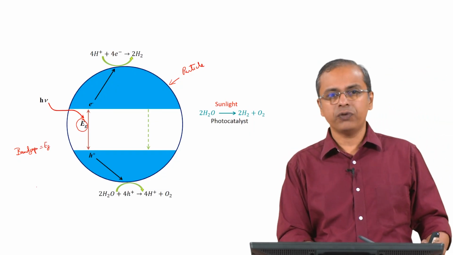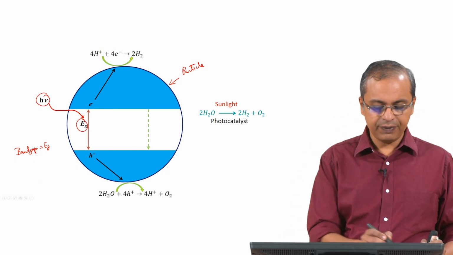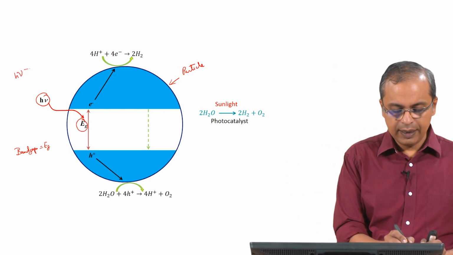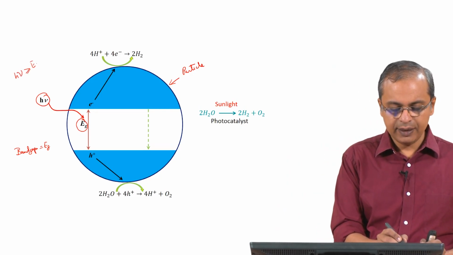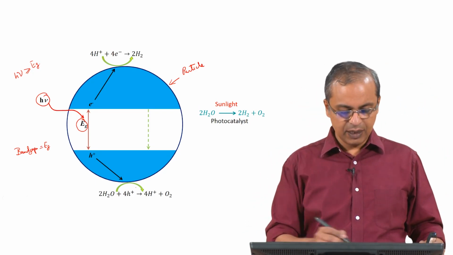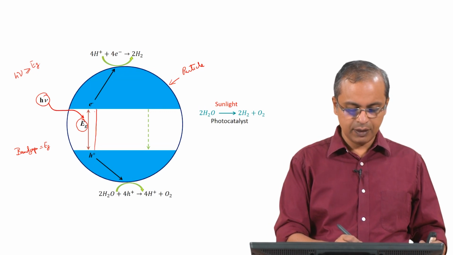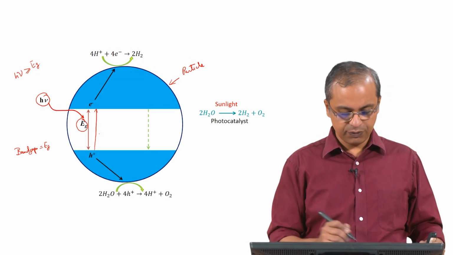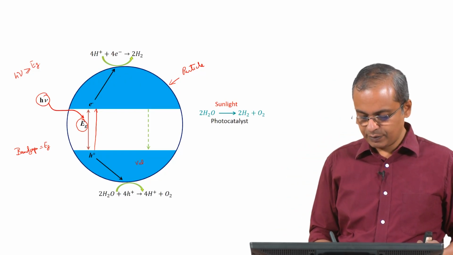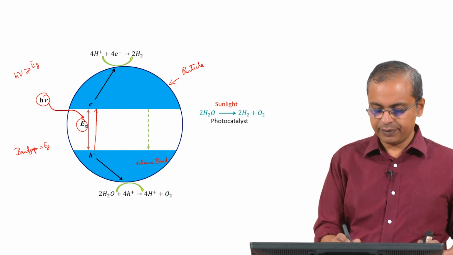Okay. And of course, as we know, if you have an incident radiation with frequency nu, if h nu is greater than or equal to Eg, then you have the possibility of a transition, which is what you see here. So, you will have a transition of an electron that goes from the valence band to the conduction band.